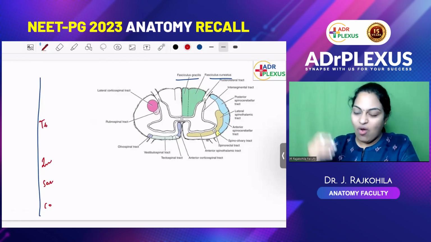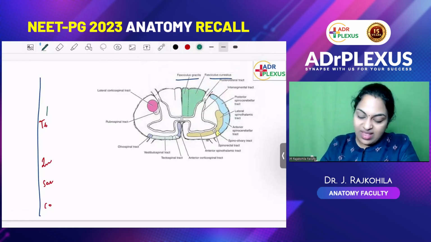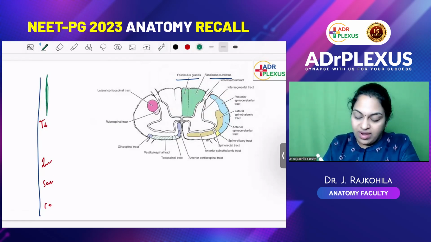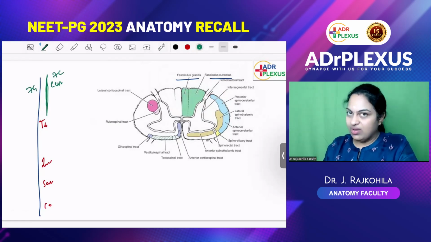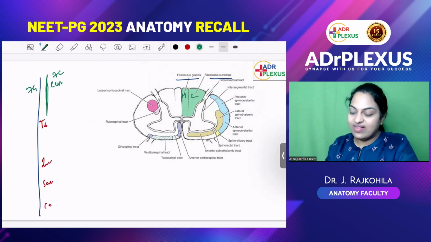Fasciculus cuneatus is seen in the upper part of the spinal cord, that is above T6, the upper thoracic and then the cervical region. Fasciculus gracilis is medial, fasciculus cuneatus is lateral.